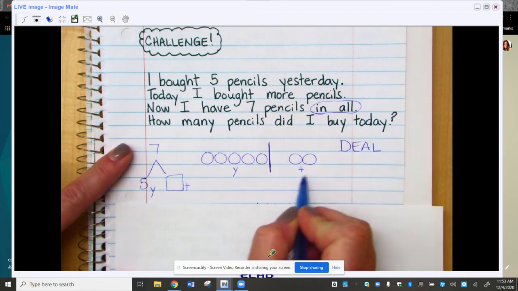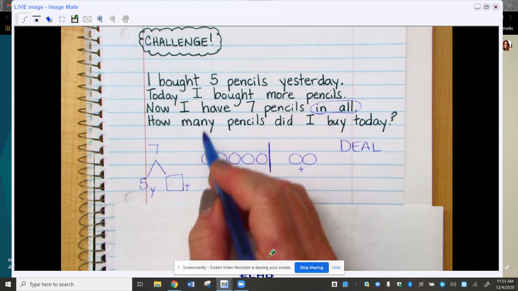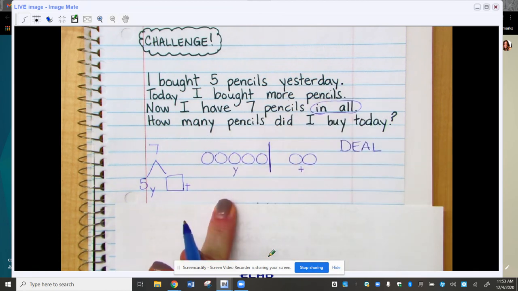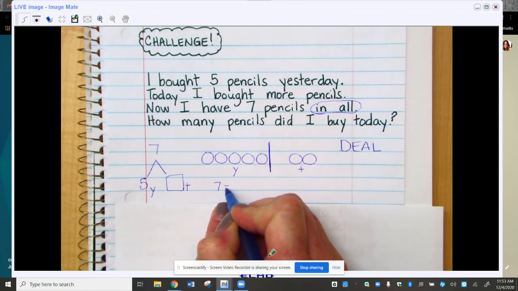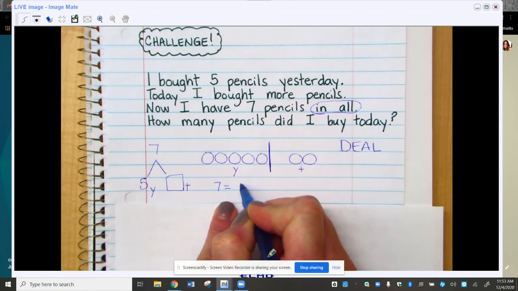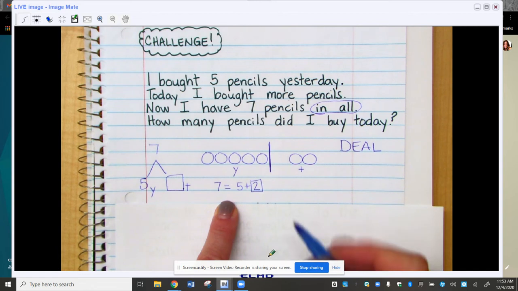The total number of pencils, I could write it in 2 different ways. I could start and write it the way that I was doing the other problems. 7, the total, is the same amount as 5 plus 2. I could write it that way. Or you might have even written it a different way.